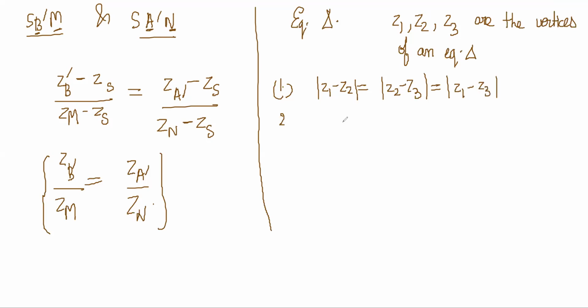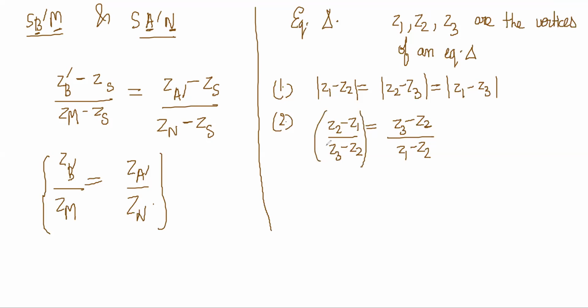Then second condition is Z2 minus Z1 by Z3 minus Z2 is equal to Z3 minus Z2 by Z1 minus Z2. So what is this condition really saying?